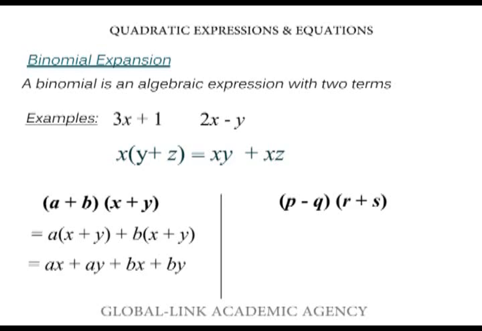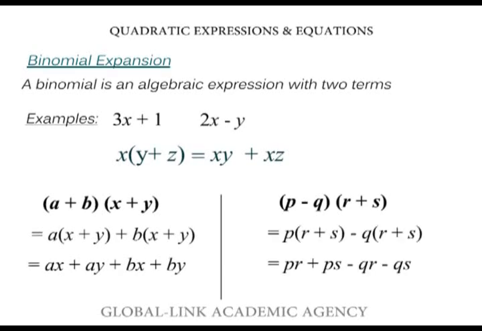Equally, (p - q)(r + s) is equal to pr + ps - qr - qs. The terms (a + b), (x + y), (p - q), (r + s) are taken as one entity.